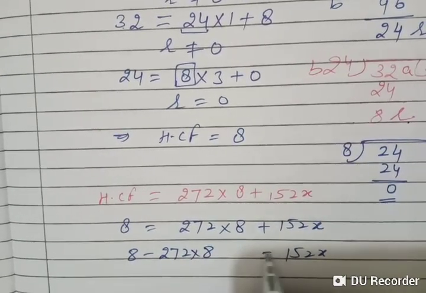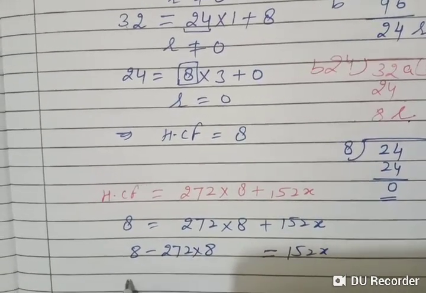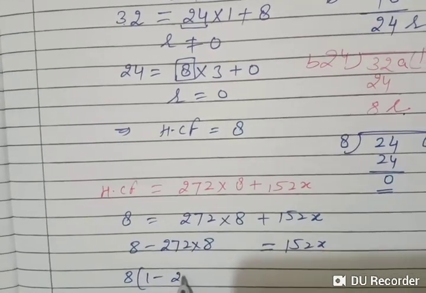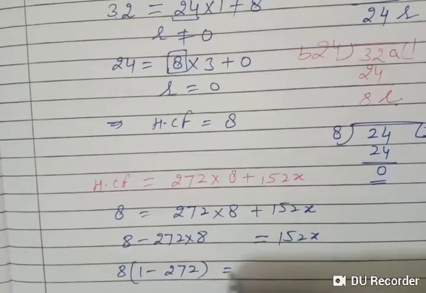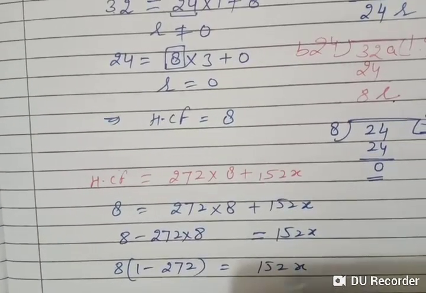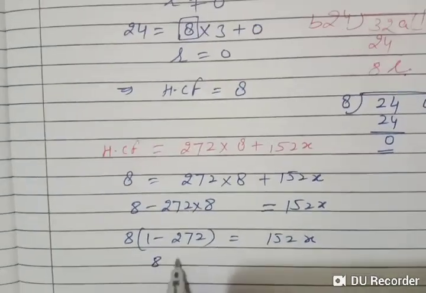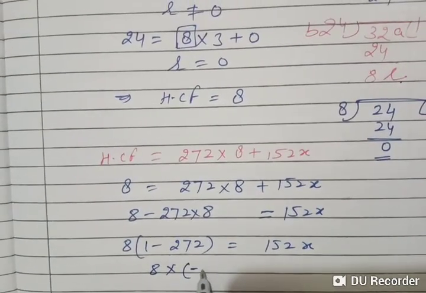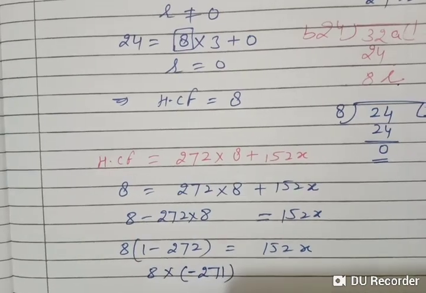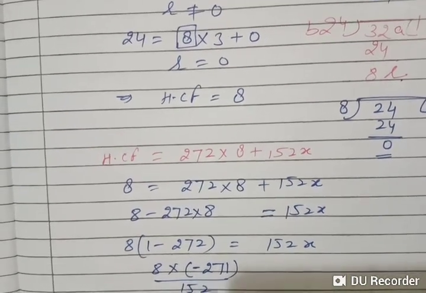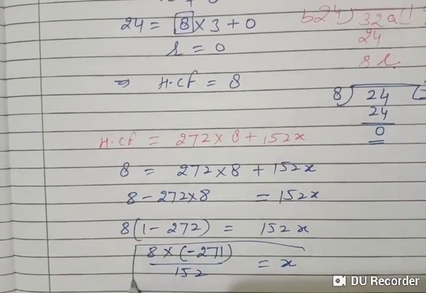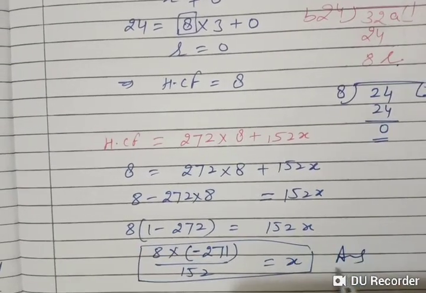You can multiply these two and subtract, or you can take common also. So I am taking 8 common: 8 into (1 minus 272), so it is 8 into minus 271 upon 152 is equal to x. Rest you can solve, and this is your final answer.